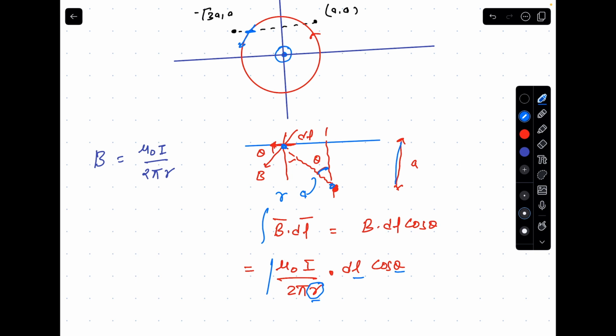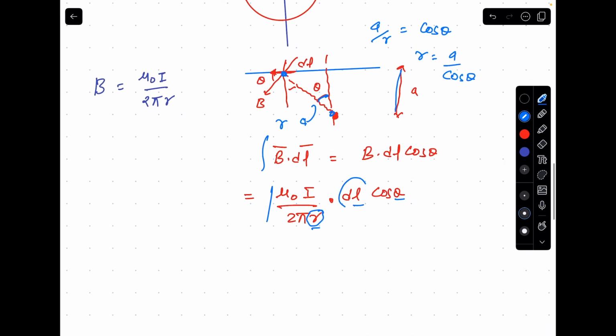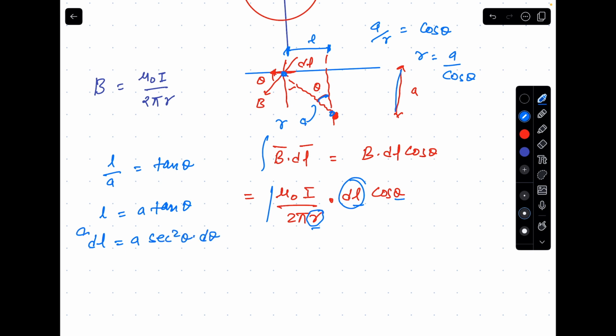So can I say that a divided by r is cos theta? So r is a divided by cos theta. Now, to find dl, I will consider this length as l. Can I say that l divided by a is tan theta? So l will be a tan theta. If I differentiate it, I will get dl. dl is a secant square theta d theta. So this is our dl.